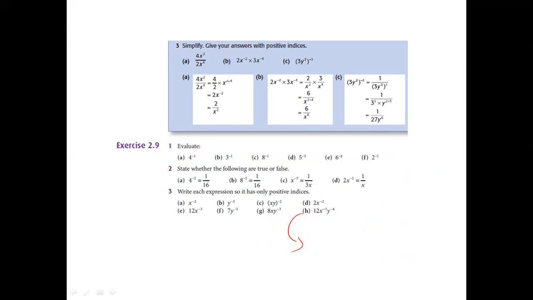So how can I change the sign of the powers? Minus 3 is not included for 12, that's why 12 is staying in the same place. But the x is automatically changing, 1 over x cubed, and exactly 1 over y to the power of 4. So the answer is 12 times 1 is 12, 12 over x cubed y to the power of 4.